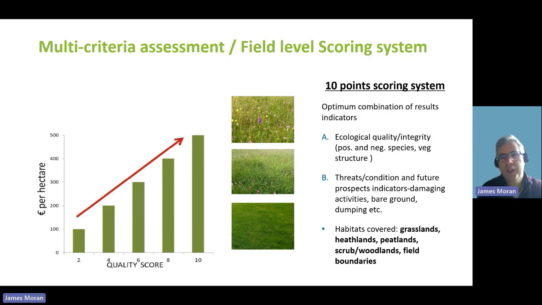At this stage, through the various pilot programs, through the BRIDE, the EIPs, various LIFE projects, a range of scorecards have been developed for various habitats, mainly focused around grassland, heathland, peatland, woodland, and particular features within these areas and field boundaries.